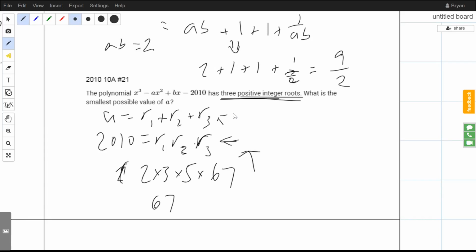Right? 6 and 5 are going to be our other two numbers. As you can probably see, 6 and 5 add to 11. Other choices are like 10 and 3, 2 and 15. They're all larger than 11. So the smallest possible value of a is going to be 78.